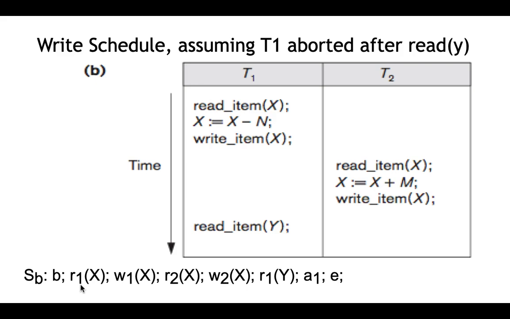B for begin, R1 of X corresponds to this read item X, W1 of X corresponds to this write item X. Then read item X occurs for T2, so it is R2 of X. Write item X is W2 of X for T2. Read item Y is R1 of Y. As said, this transaction T1 aborts, so we represent it as A1. And we can show an end by E. That is how we represent a schedule.